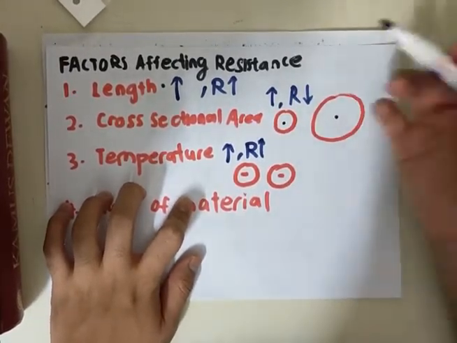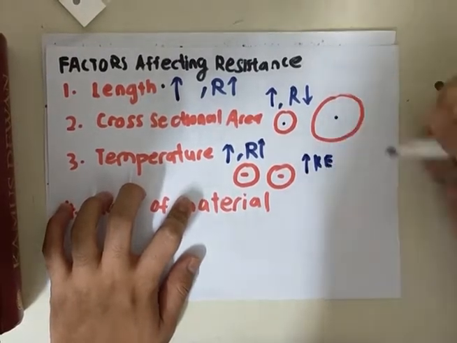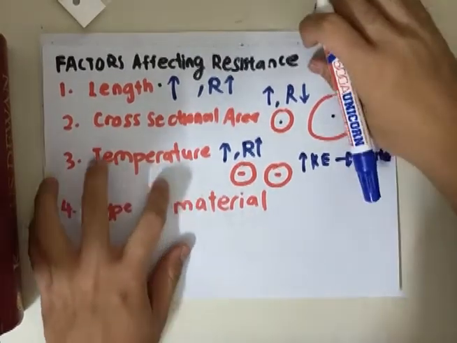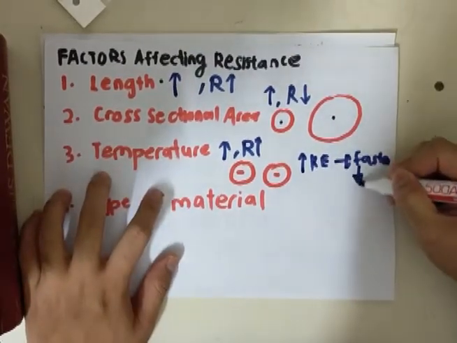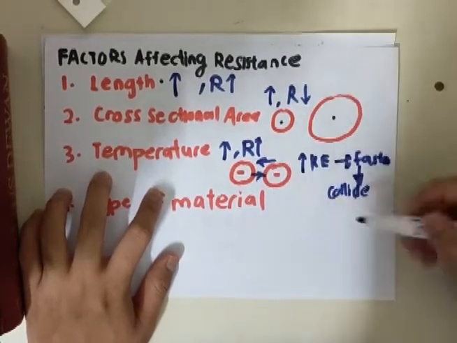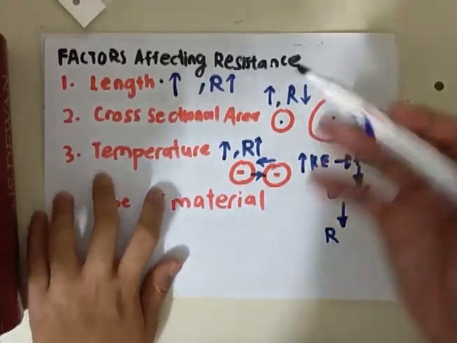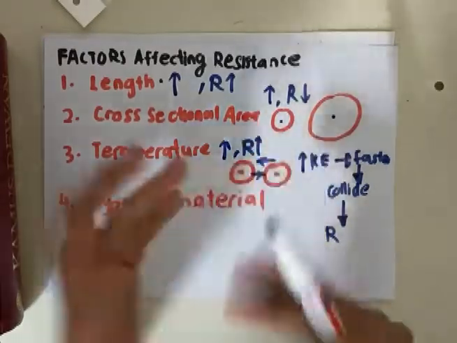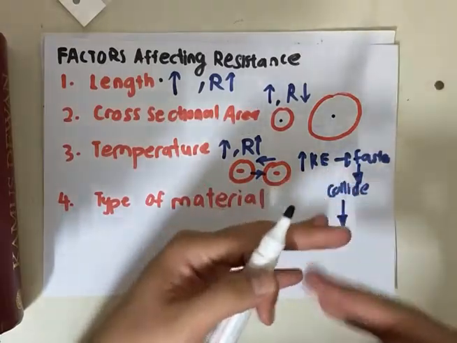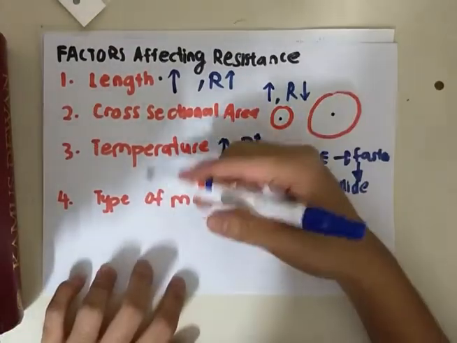If your electrons have higher kinetic energy, they will move faster, and thus they will just start colliding with each other. So this collision causes resistance. You get what I mean? Let's say you collide with people in a crowded place, and if everyone moves faster, the resistance will definitely be higher.